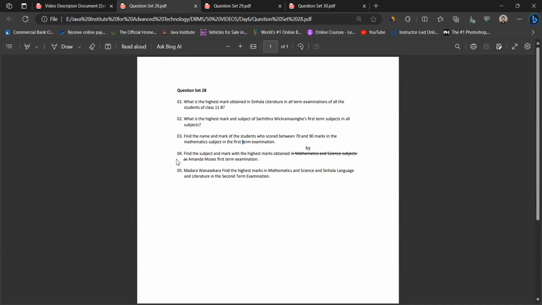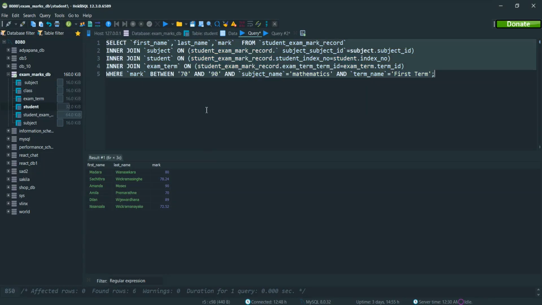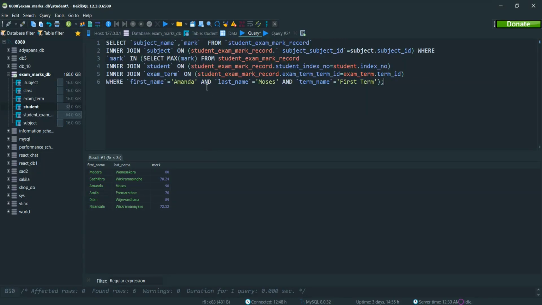The fourth question: find the subject and the mark with the highest marks obtained by Amanda Moses in the first term examination. Here, as you can see, I have used three inner joins along with one subquery.